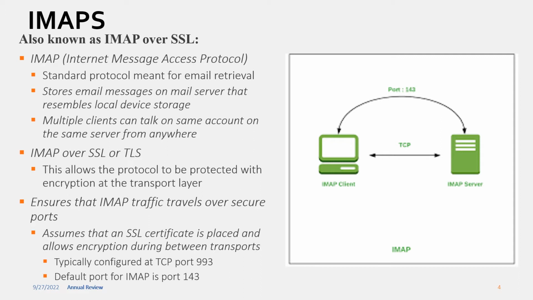But with the secure version, you can assume that an SSL certificate is placed and the encryption does its job, ensuring that any traffic that goes in between the ports, through the transport layer, is secure, encrypted, and even if it is intercepted, is nothing but pure garbage to the viewer unless they have the encryption key. Typically, this protocol is configured at TCP port 993, so keep that in mind as we move on to how to configure our servers with them.